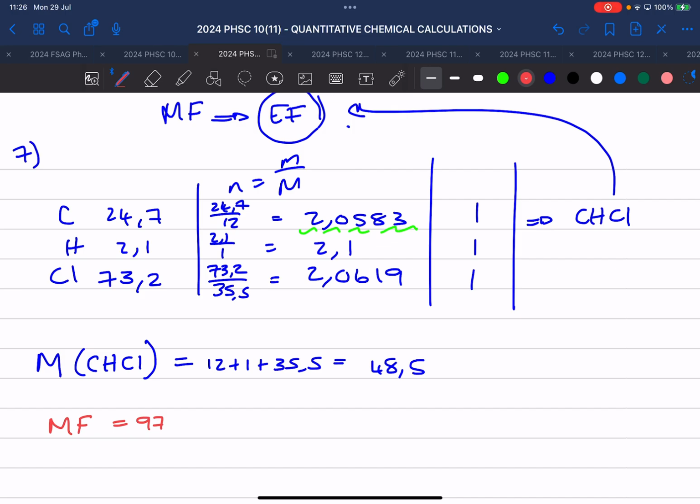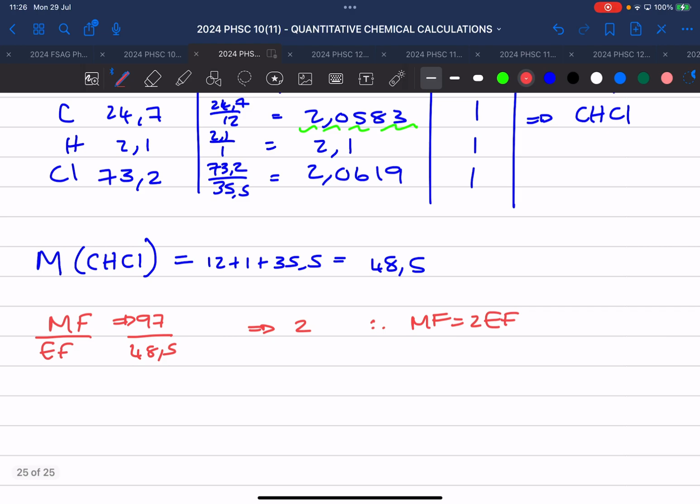So you're going to say 97 divided by 48.5, so divided by the empirical formula mass. And you get 2. So that means the molecular formula is twice the empirical formula. So you're going to take that and say C2H2Cl2.